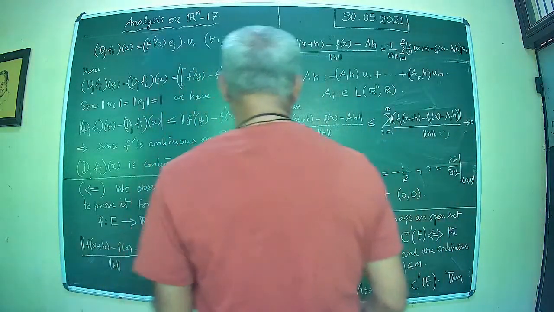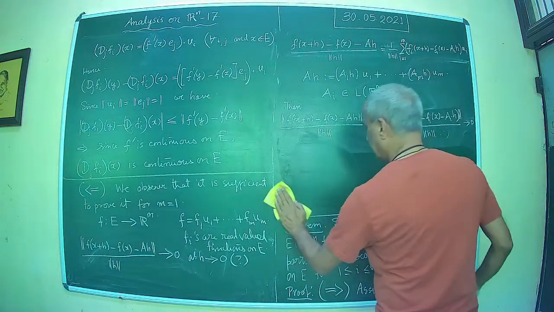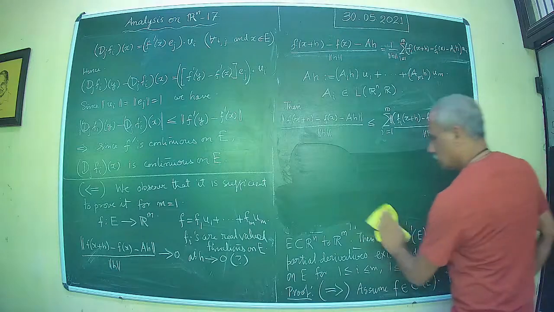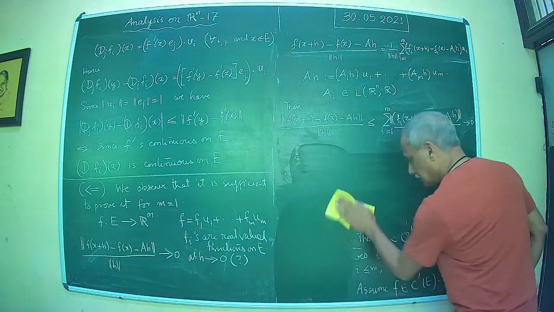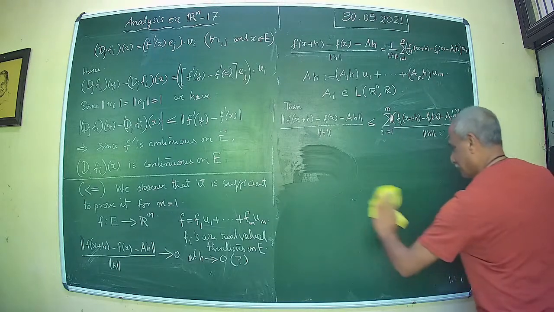Okay. So that's our assumption. So if we can prove it for each f_i, then we can conclude it for this. So we shall prove it for each f.